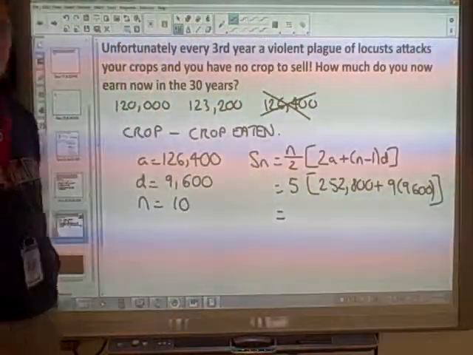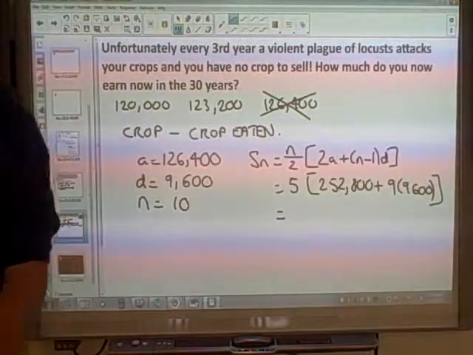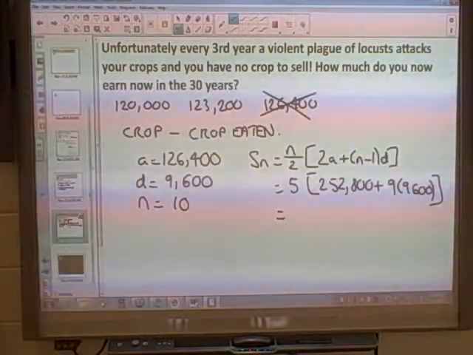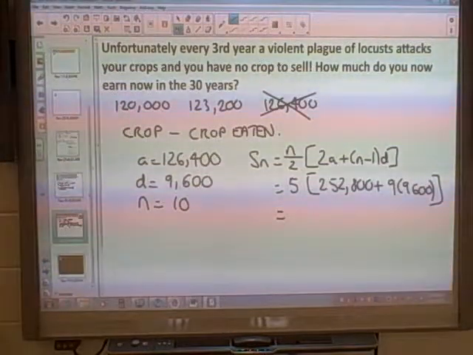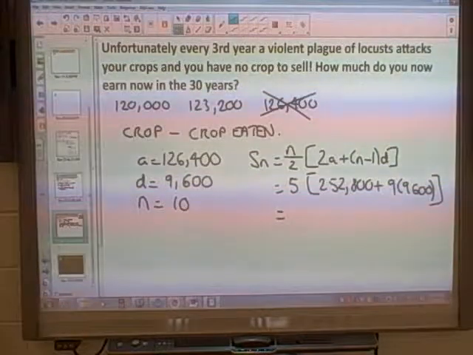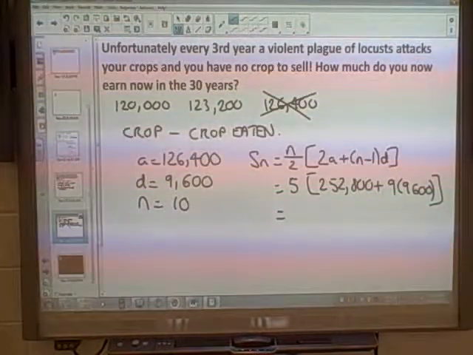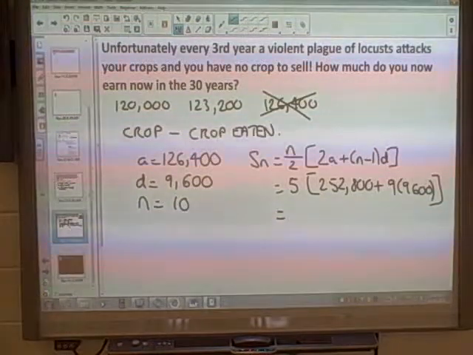Once again, I don't have a calculator with me right now, so you can work out this answer. That will tell us how much crop is eaten by the locusts. Then if we subtract that from our original answer of nearly 4 million, that will tell us how much of the crop we managed to sell within the 30 years. So quite a clever question: two different sequences, work out the first sequence, work out the second sequence, and then subtract those two answers.